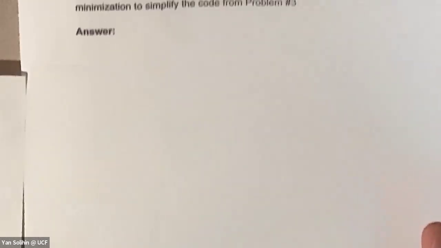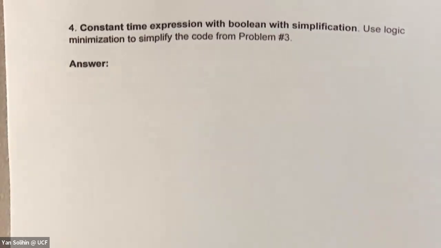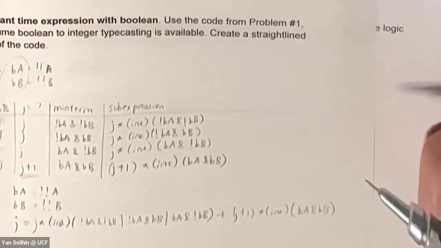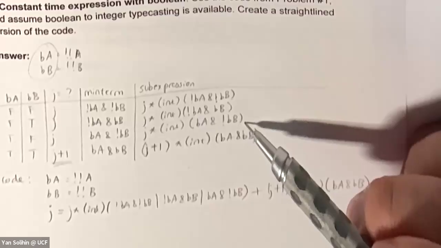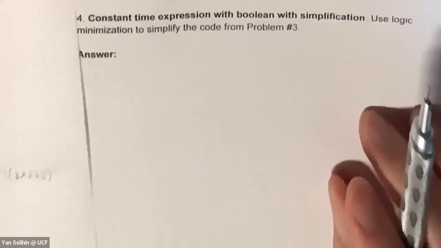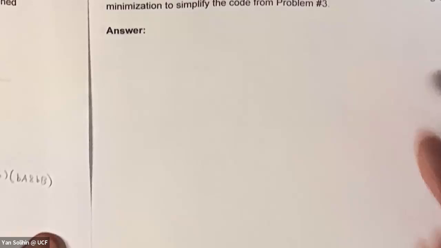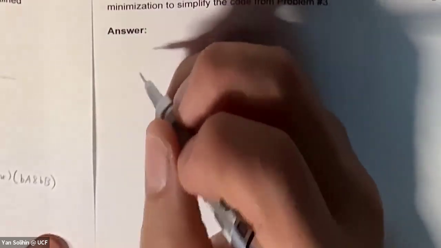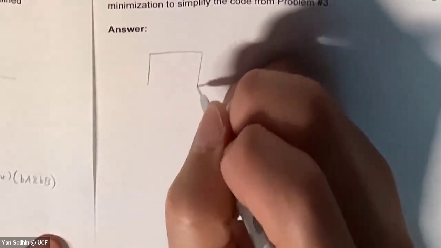For question 4, this will be constant expression with Boolean logic minimization. So here, you convert the truth table into the kernel map. There are two variables.